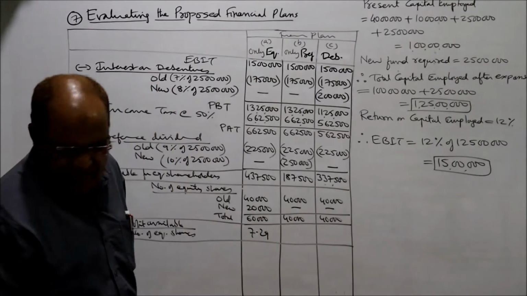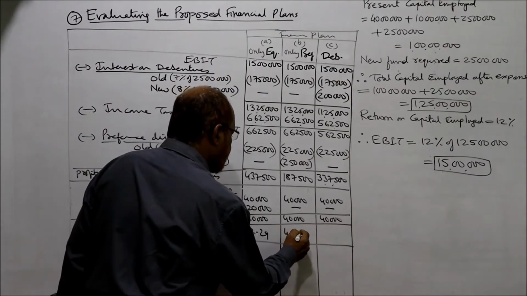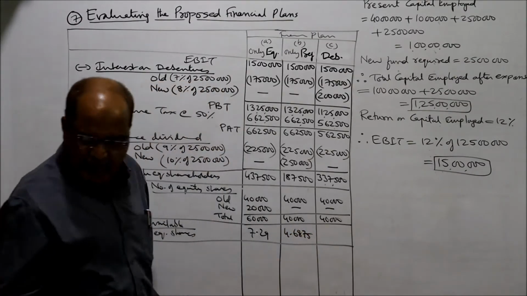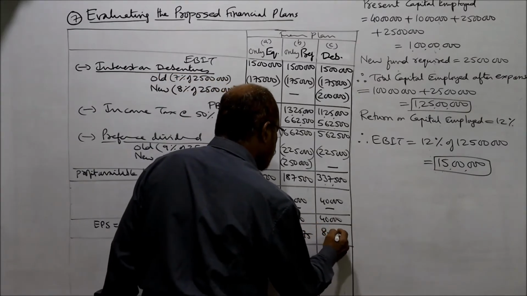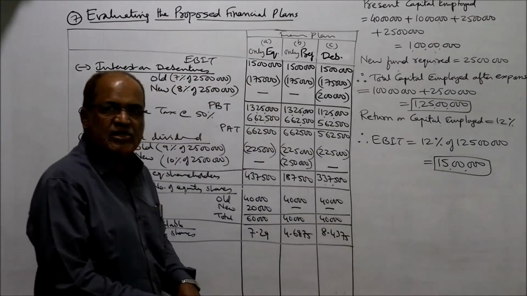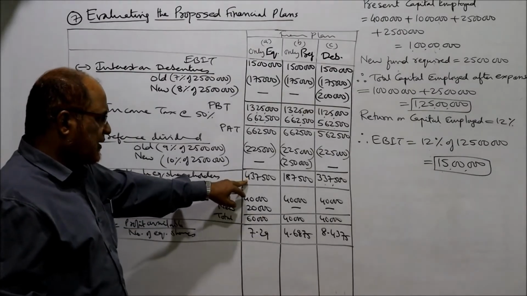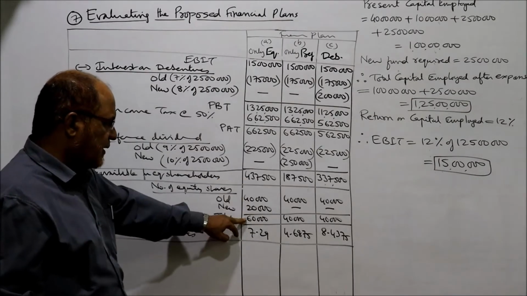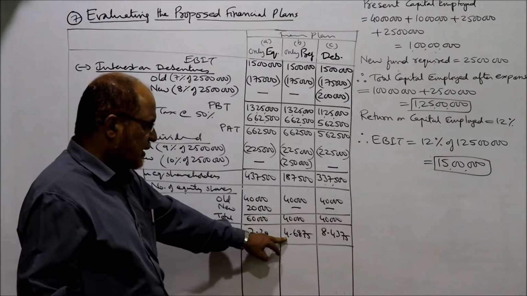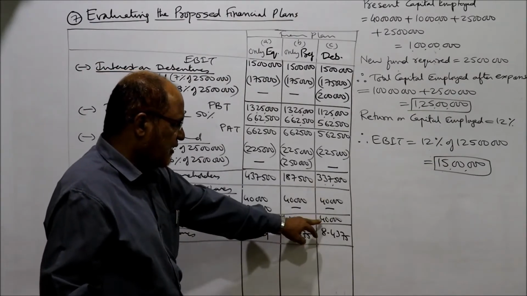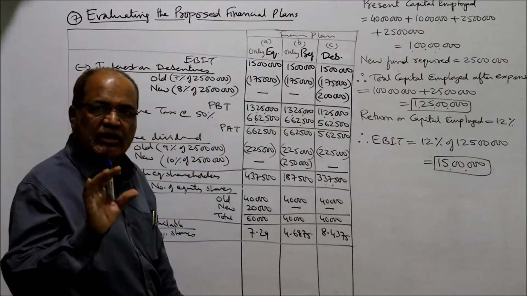Next one 4.6875, and the last one is 8.4375. How did we get these? Profit available 4,37,500 divided by 60,000 gives the first one. 1,87,500 divided by 40,000 gives the second. 337,500 divided by 40,000 gives the third. So we got the EPS.